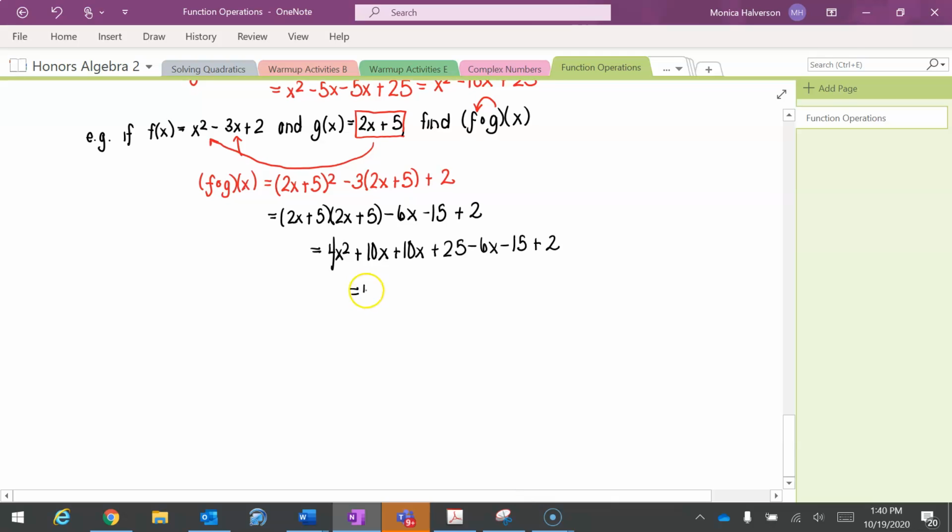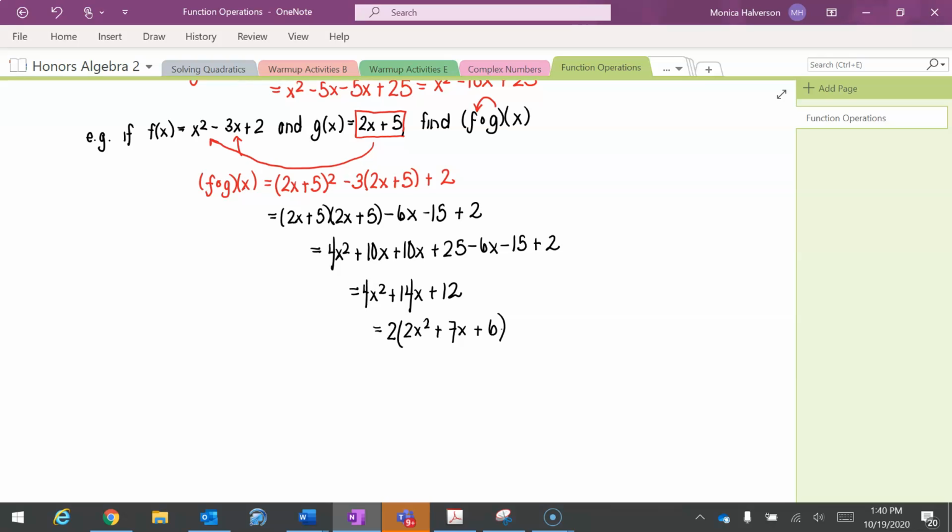So now we're going to combine like terms. So I get 4x squared plus 14x plus 12. All right. And then we notice, oh, there's a GCF there. So I'm going to put it in simpler terms and get this. And that is your final answer.